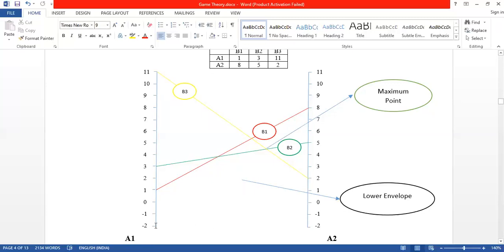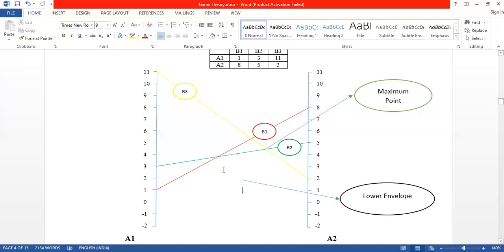I'll show once again: this A1 line, then this slant red line, then this slant green line, then this slant yellow line, and finally this blue line. So the solution will lie in this part only. That is why this part has been indicated by an arrow called lower envelope, right? This is the lower envelope.